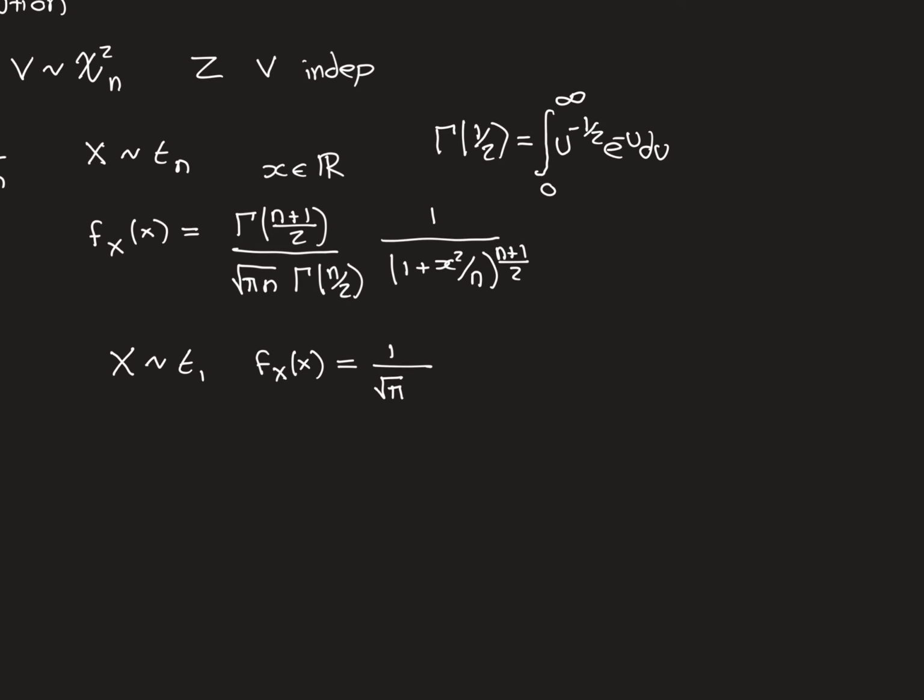But this is actually an equivalent integral to another very famous integral, which is the Gaussian integral, which is the integral from negative infinity to infinity of e to the negative u squared du. You can show with a reasonably simple substitution that these two are equivalent to one another. And hopefully you know what the answer to the Gaussian integral is.